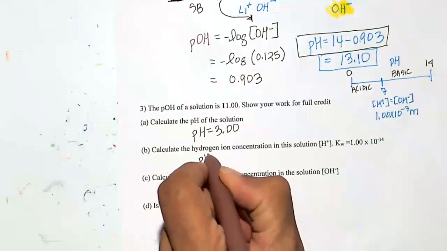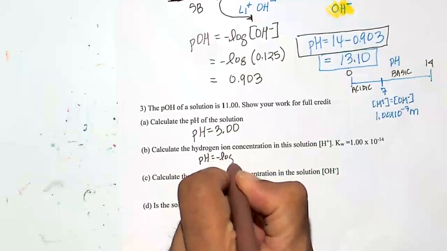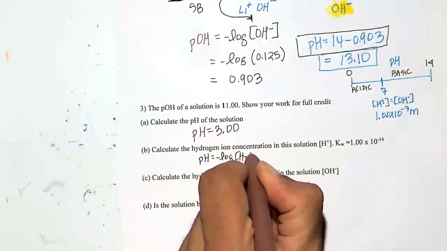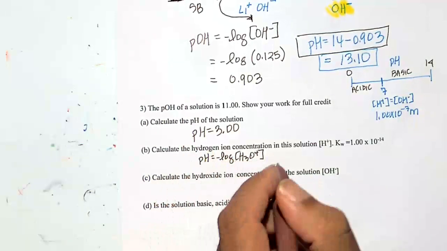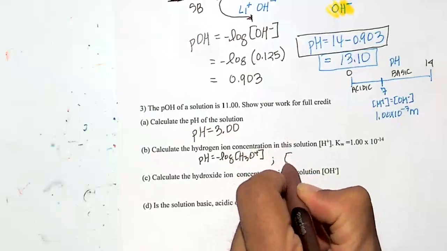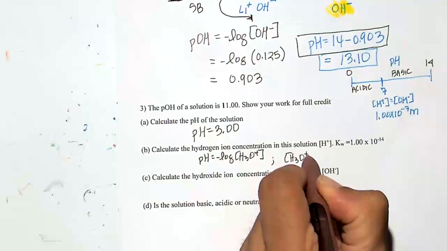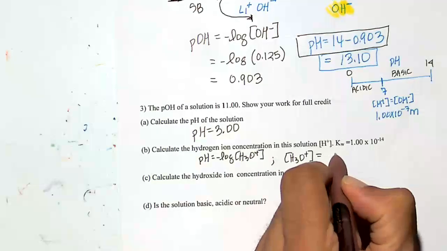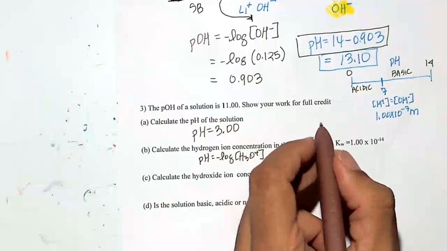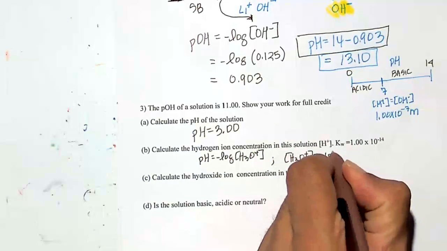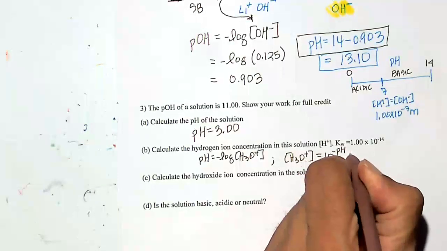So we're going to do the back calculation for this. The concentration of H3O plus is going to be the antilog, or the shift log on your calculator, 10 to the power of minus pH.